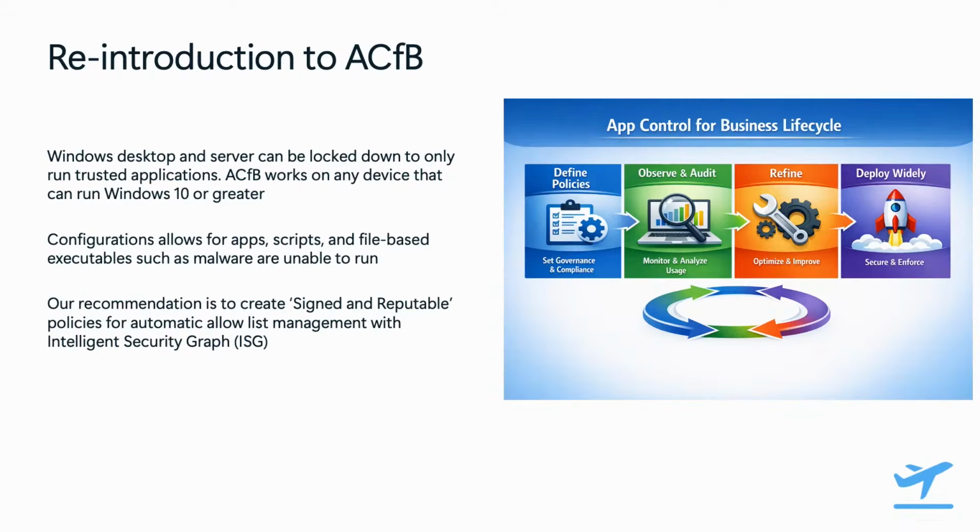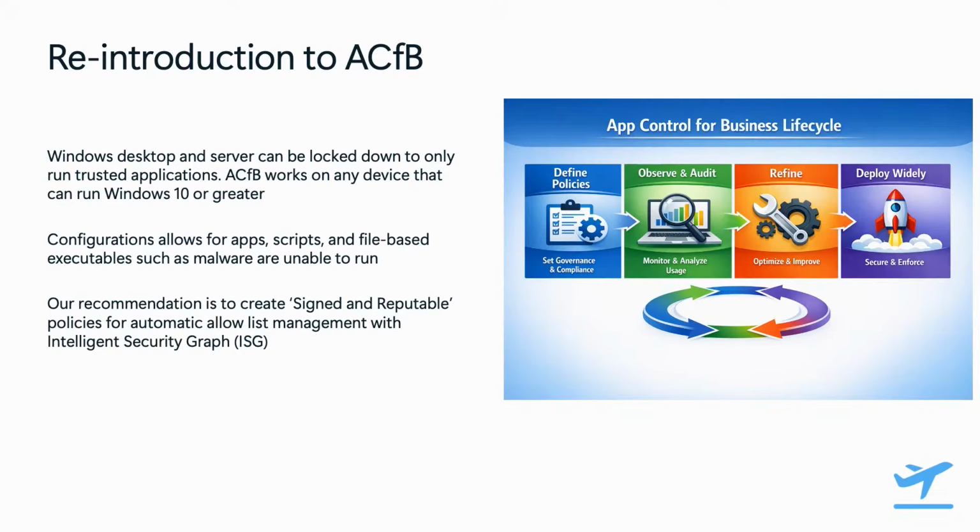App Control is designed to be deployed and operated as a continuous lifecycle, not just a one-time allow list exercise. Organizations can start by defining policies, observe and audit real-world execution, then refine based off what's actually running, and finally deploy widely with confidence.